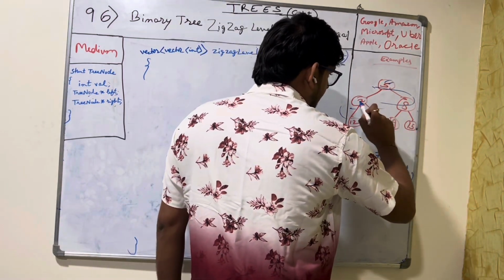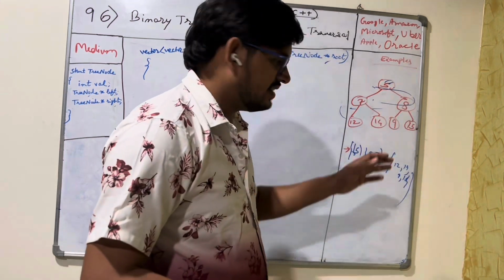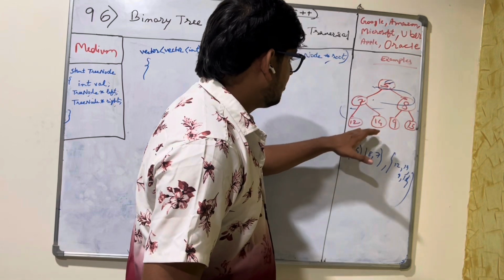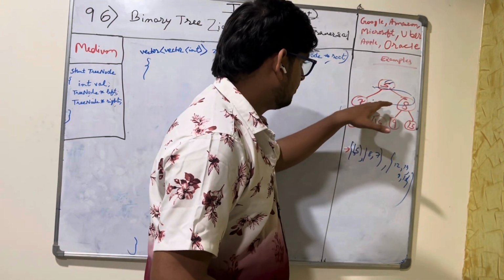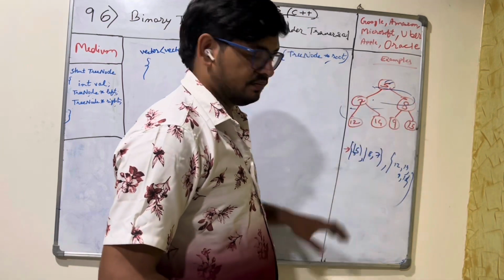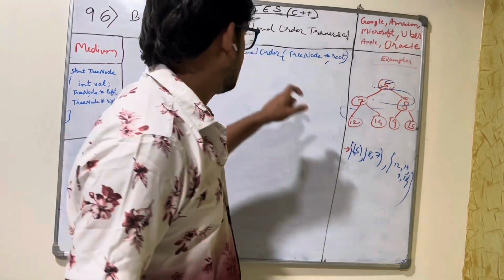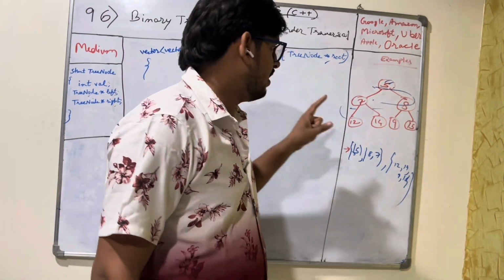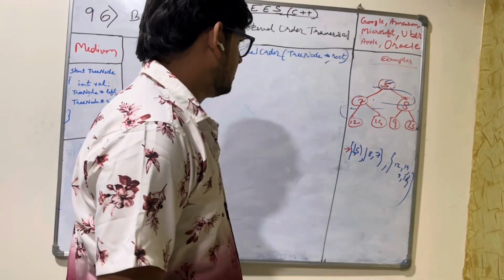Once Q1 was empty, we checked the Q2 values and inserted the children of Q2 into Q1. Please check out the previous video to see how we did the level order traversal before going through this.